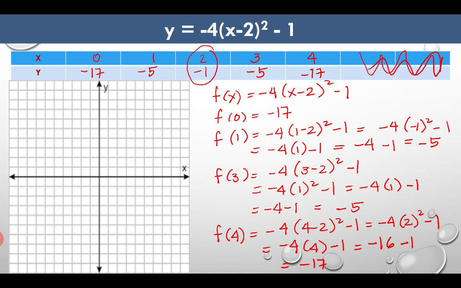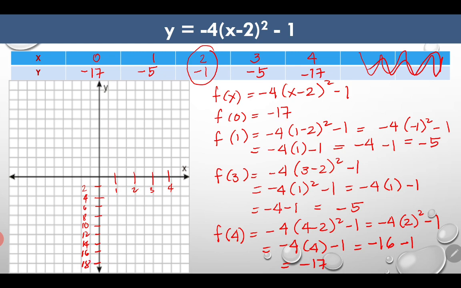So let us graph this. So we have 1, 2, 3, 4. And then let's make this 2, 4, 6, 8, 10, 12, 14, 16, 18.